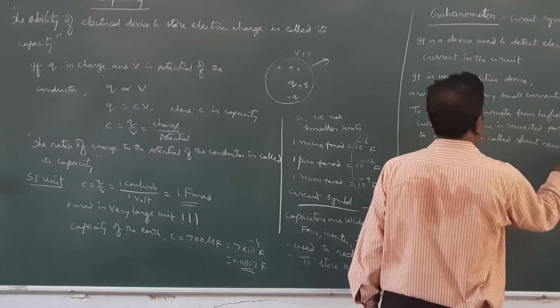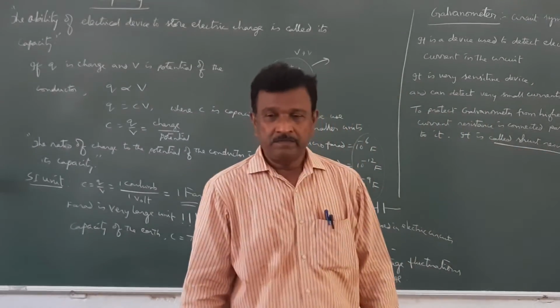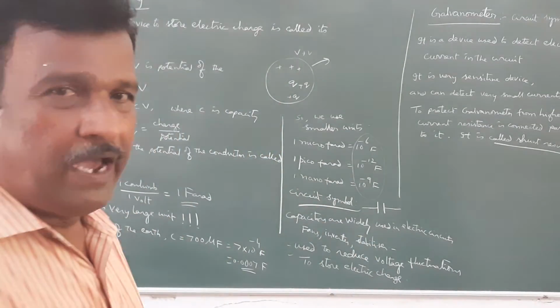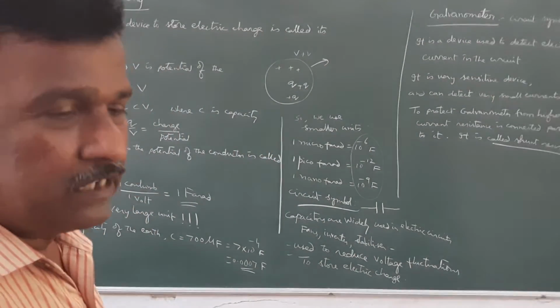So, a small resistance connected parallel to the galvanometer to protect it from higher current is called shunt resistance.